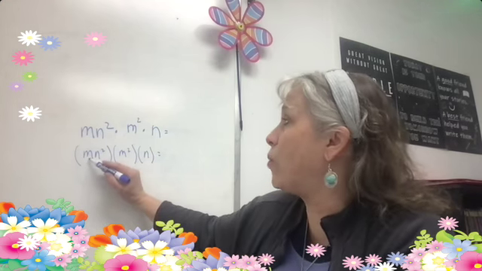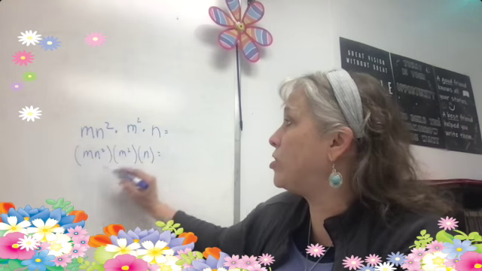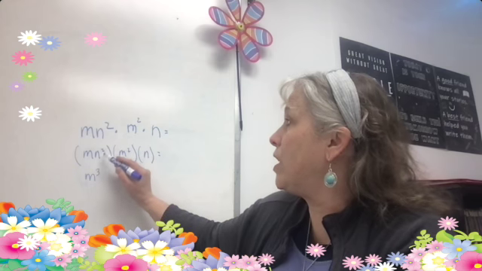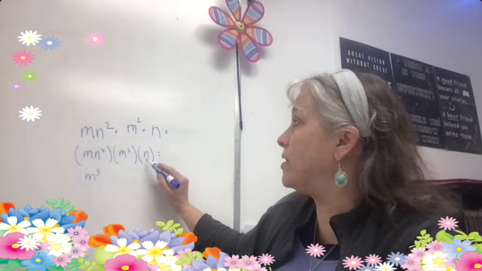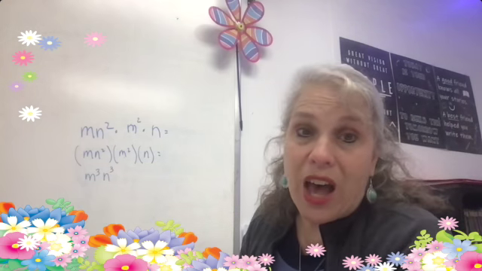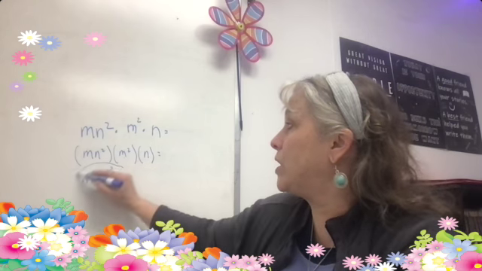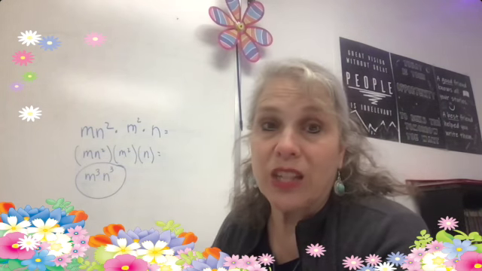So here I have 1 m, 2 m's. So 1 plus 2 is 3. Here I have 2 n's and 1 n, so n cubed. So this simplifies to m cubed n cubed. So this is my final answer.